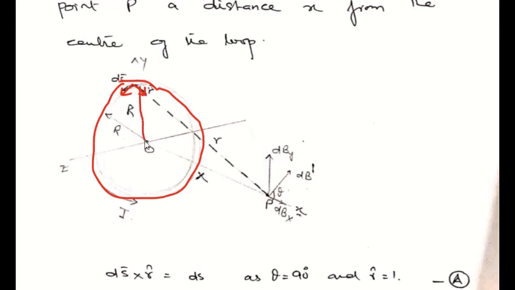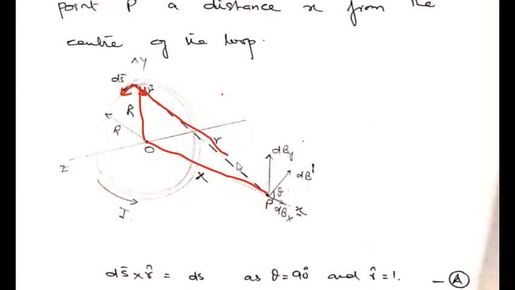So we have radius capital R, and if I want to find the magnetic field at point P over here, I can complete this right angle triangle to make calculation easy.